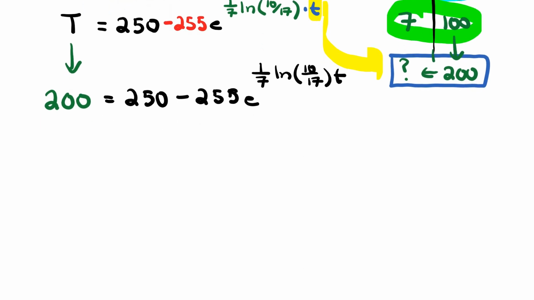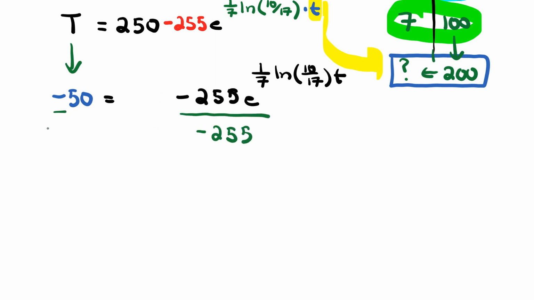Okay, so a little bit of algebra here to finish this off. So this will be minus 250, minus 250. So 200 minus 250 will be -50. So I'll erase this. That becomes -50 there. And then I can divide both sides by -255.